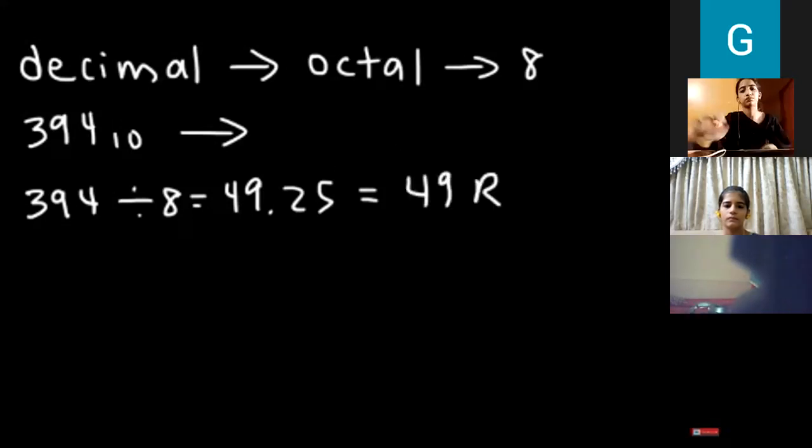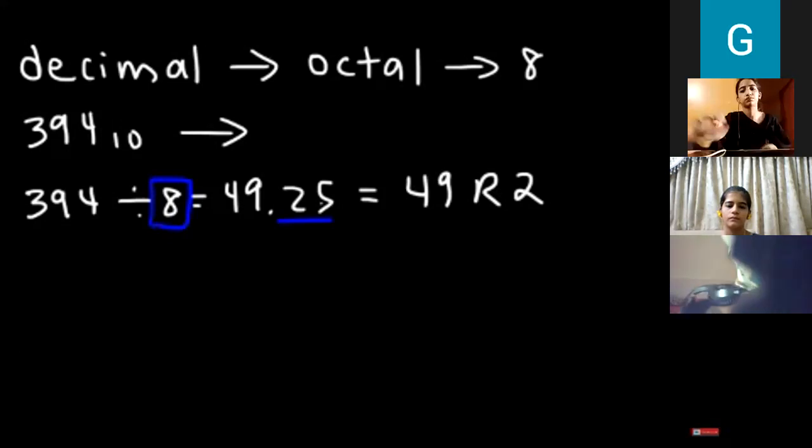In order to identify it, take the decimal part, the numbers after the decimal point, that is 0.25, and multiply it by 8. So 8 times 0.25 is 2. So we have 49, remainder 2.